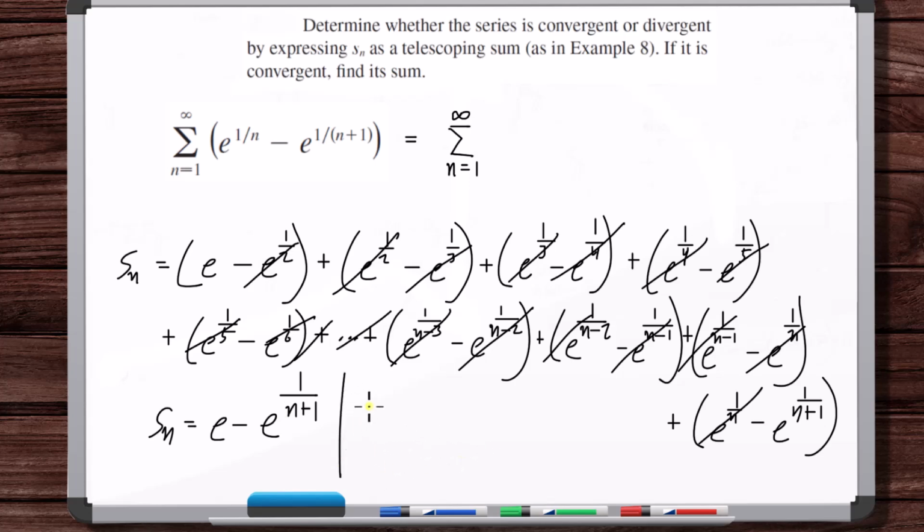So what is the limit as n approaches infinity of S sub n? 1 over n plus 1 approaches 0, e to the 0 is 1, so this is equal to e minus 1.